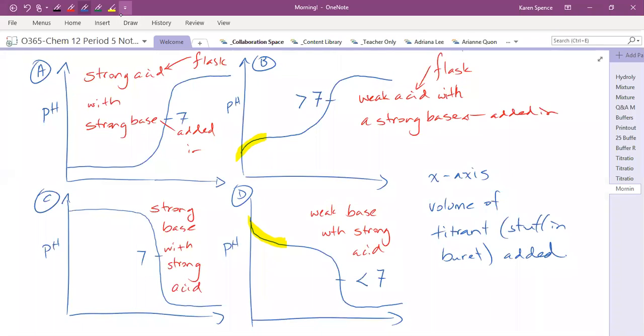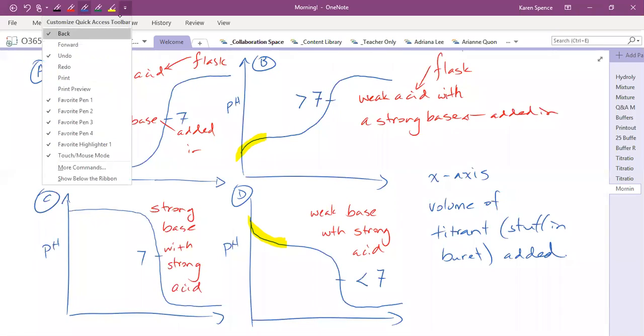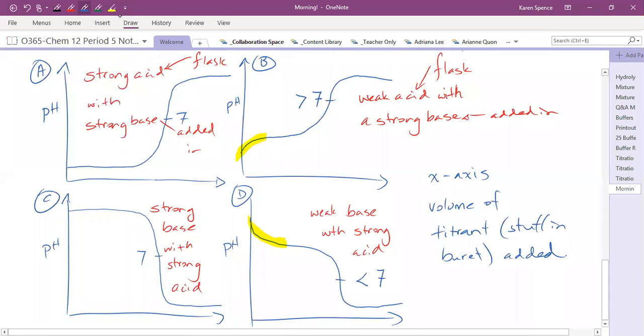Just one other thing. Do you remember? I need another pen here. Let's do green. This area in here. Do we remember what that area is all about? What is it called?